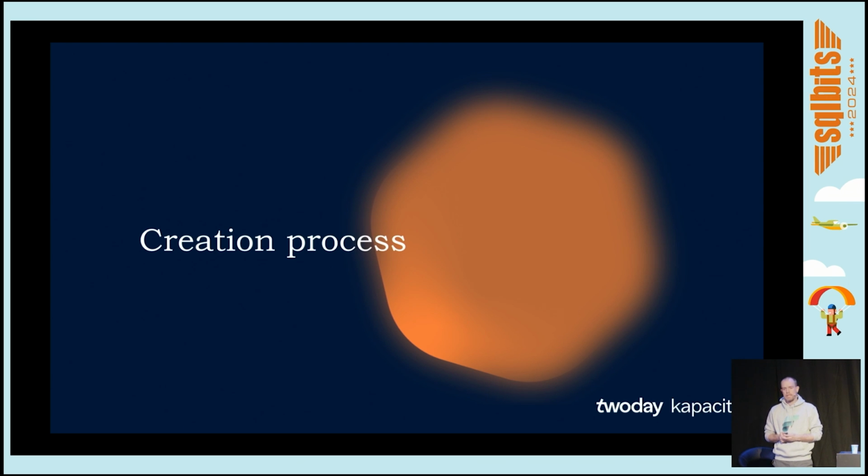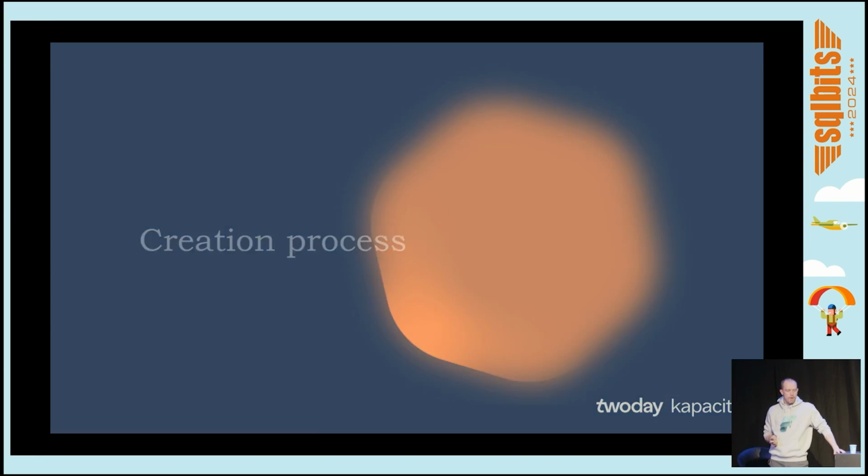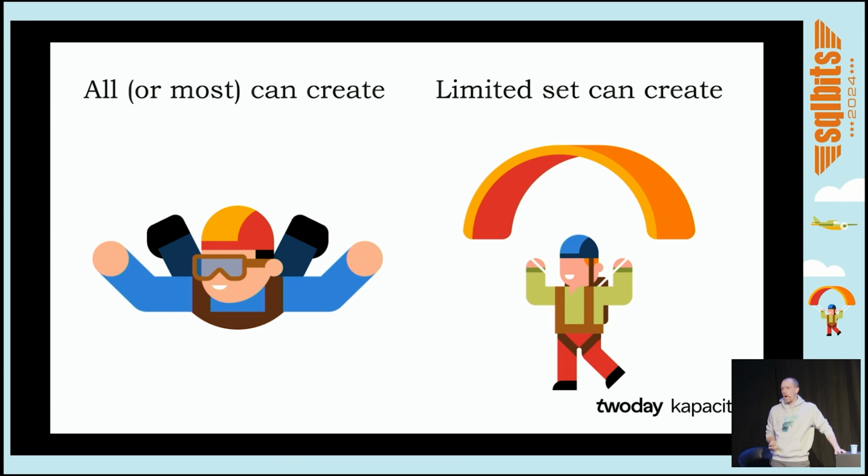Then the last part, how should we create workspaces in Fabric? We have 2 different options. We have the option to say every user or almost every user in the organization can just go in and create them, or we can limit them. But if we limit them, then we need to set up another process for how users can request a workspace.